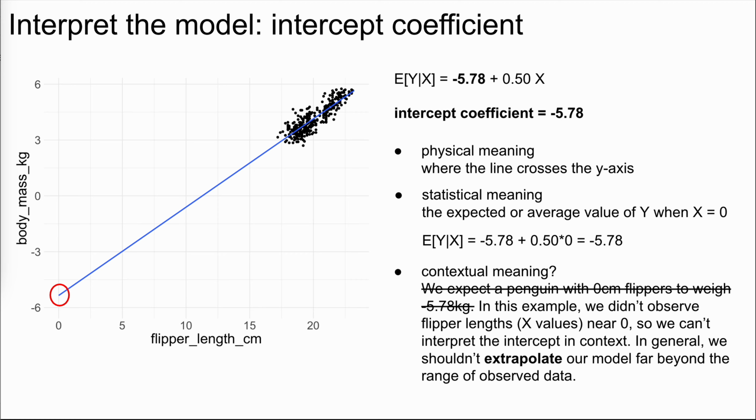It doesn't make sense to have 0 centimeter flippers, nor does it make sense to have negative body mass. In this example, we did not observe penguins with flipper lengths or x values near 0, so we can't interpret the intercept in context. More generally speaking, we shouldn't extrapolate our model far beyond the range of our observed data.